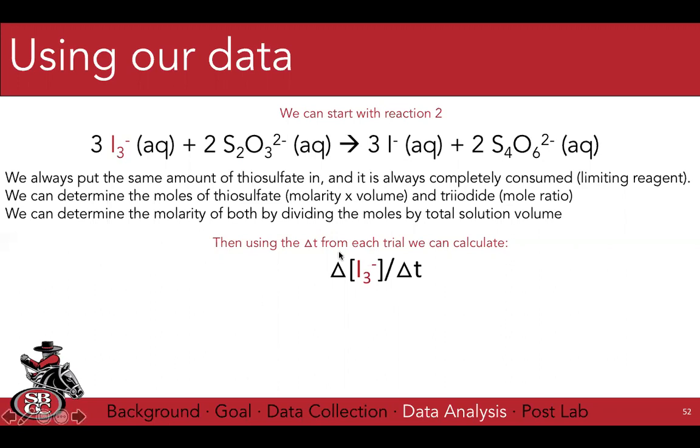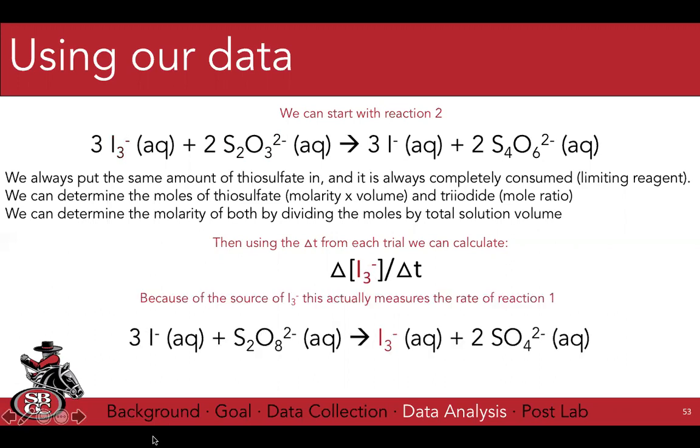And that's what we will mainly be using to measure our rate, the change of concentration over the change in time. Because the source of I3 is this first reaction, this is the reaction that we care about. This is what we're changing, the concentration of iodide and the concentration of persulfate.